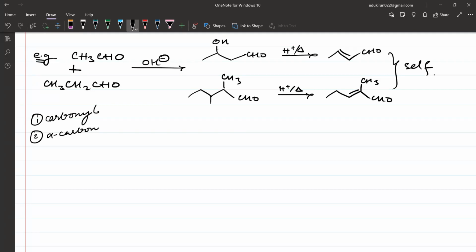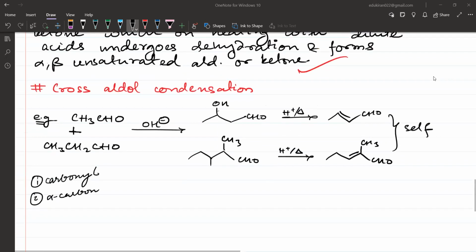Which one do you want to expand? You want to expand carbonyl of ethanol or propanol, Hanifa? Ethanol. Look at the previous examples.